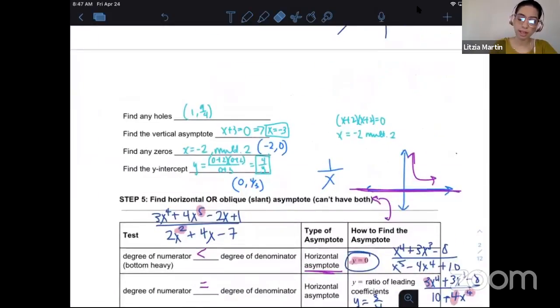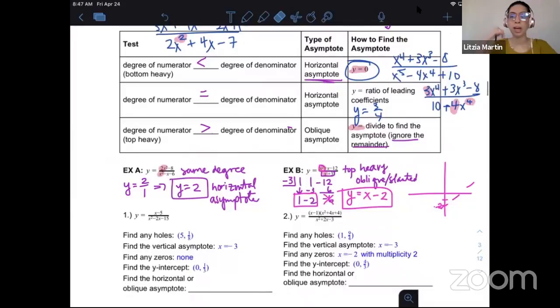And so to find those asymptotes, we have to actually just divide our rational functions. Our rational functions are fractions, which is just division, right? You take the top divided by the bottom. So in order to find the equation of those slant asymptotes, we just do straight up division.